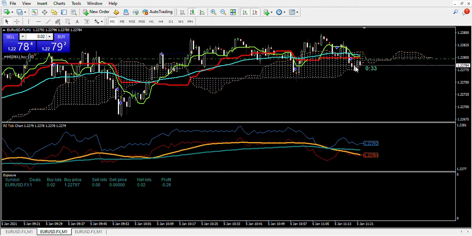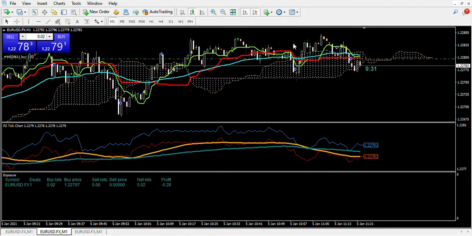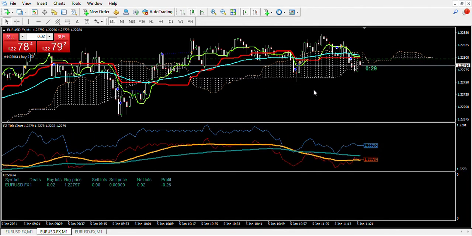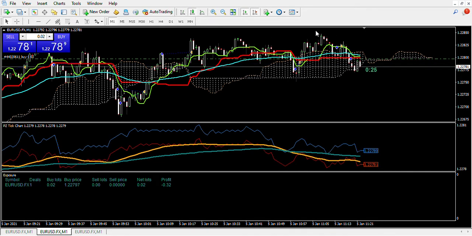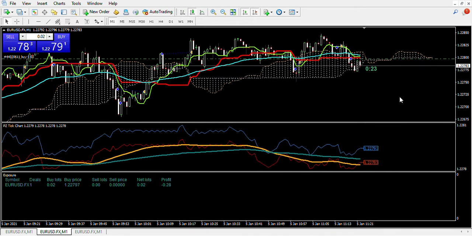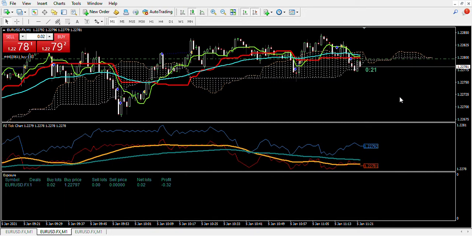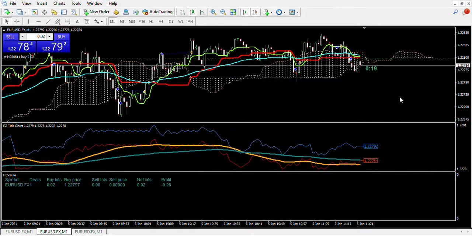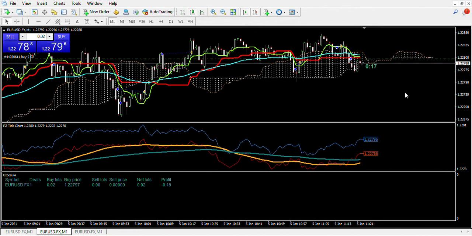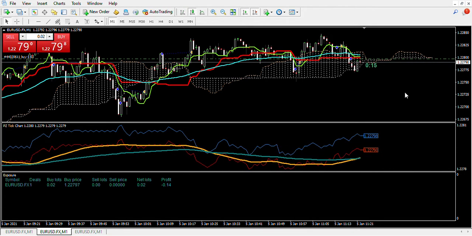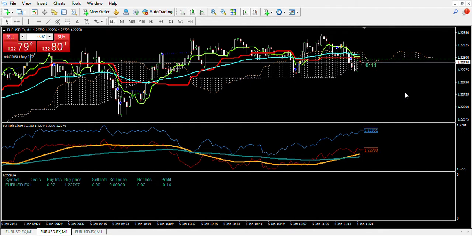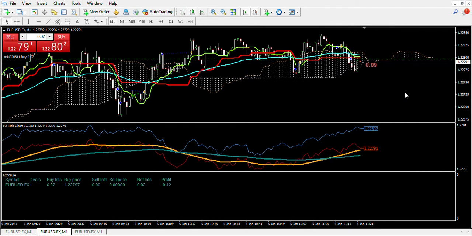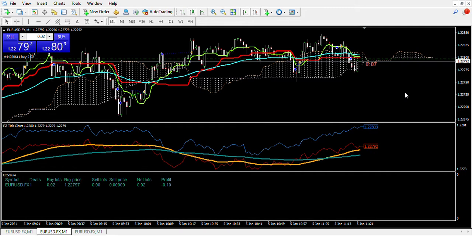As you can see, we're kind of at the high range. You know, I'm on a 1 minute time frame chart here. As you can see, we're kind of on the high range of where the dollar euro's been trading. So just kind of wait and see how this thing plays out.